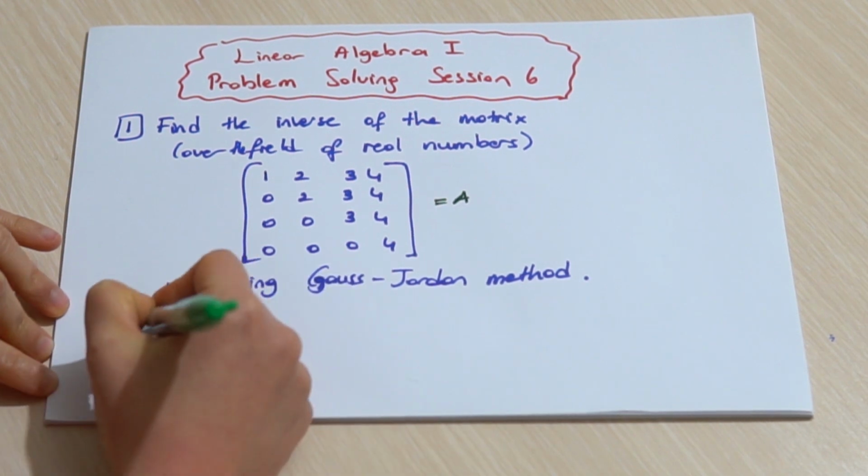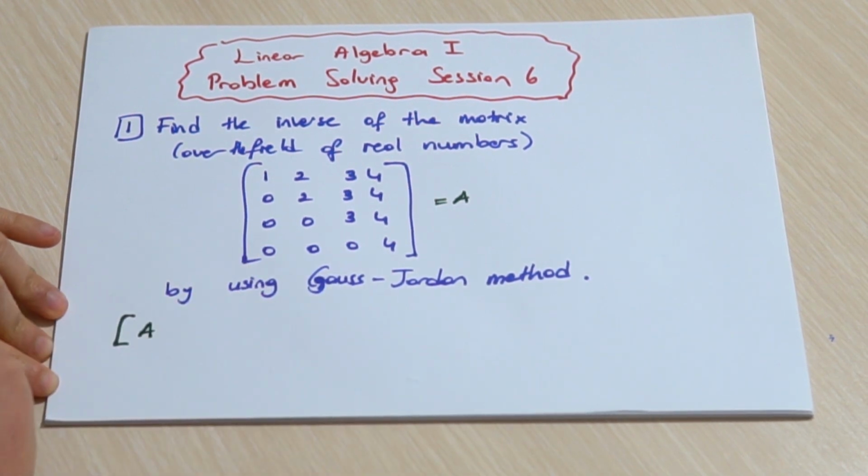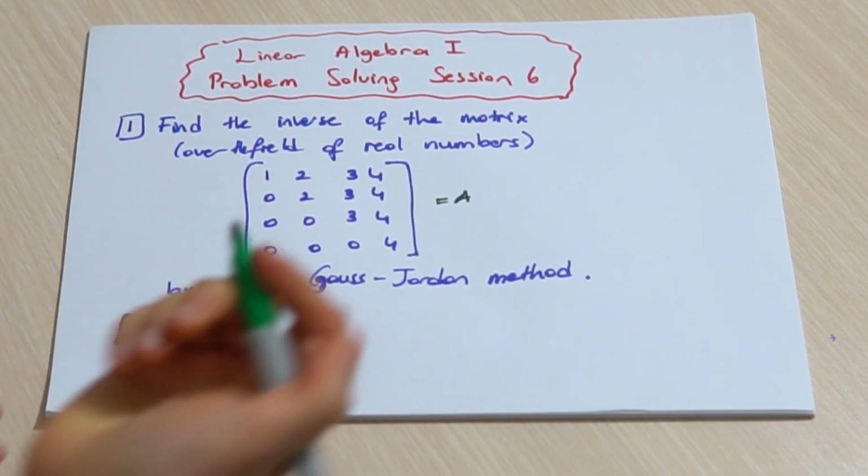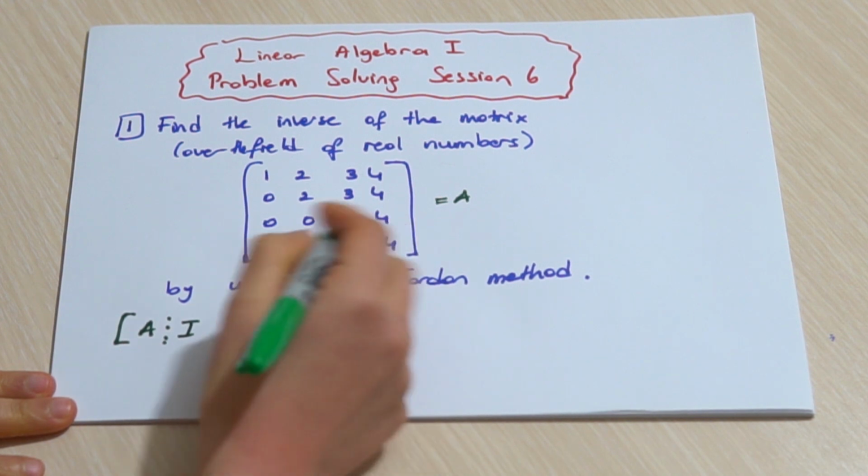In the Gauss-Jordan method, we write A on the left side, and on the right side of this augmented matrix we write the identity of n.